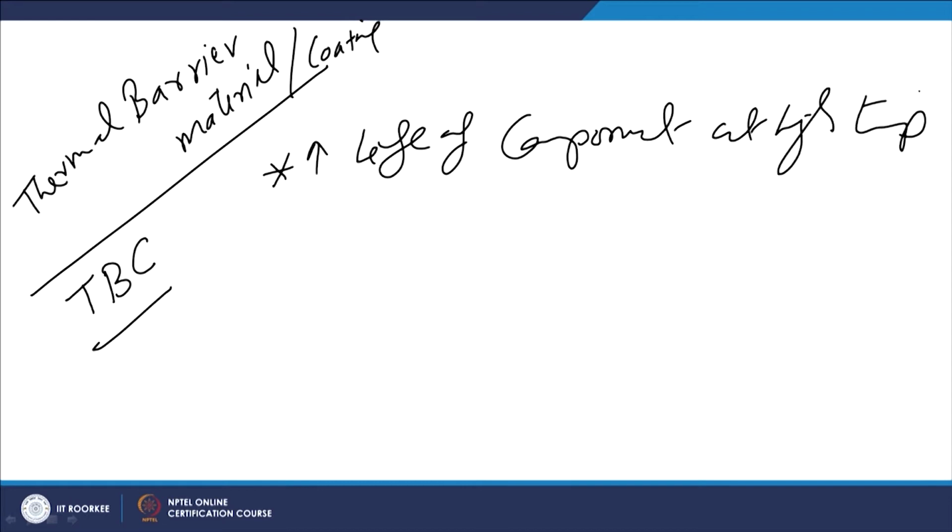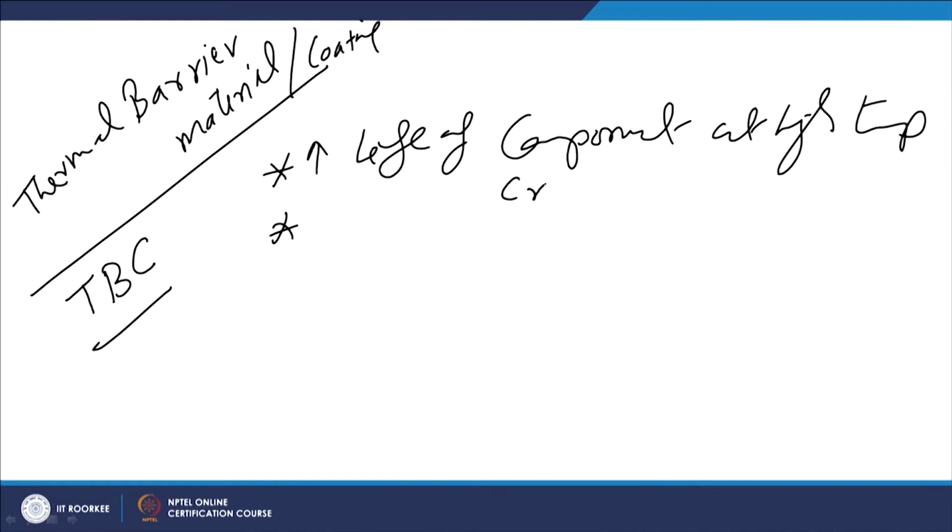Whatever the working temperature is, application of thermal barrier coatings helps to reduce the temperature of the component. Materials like chromium molybdenum steels and ferritic stainless steels work in the range of 500 to 650 degree centigrade. When they work at a high temperature, there will be microstructural instabilities and degradation in mechanical properties, and sometimes even loss of material from the functional surfaces leads to wear.